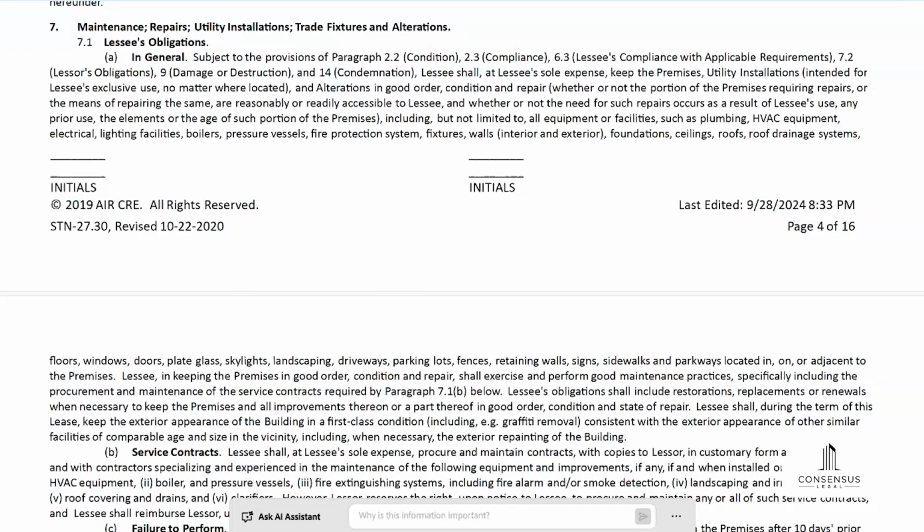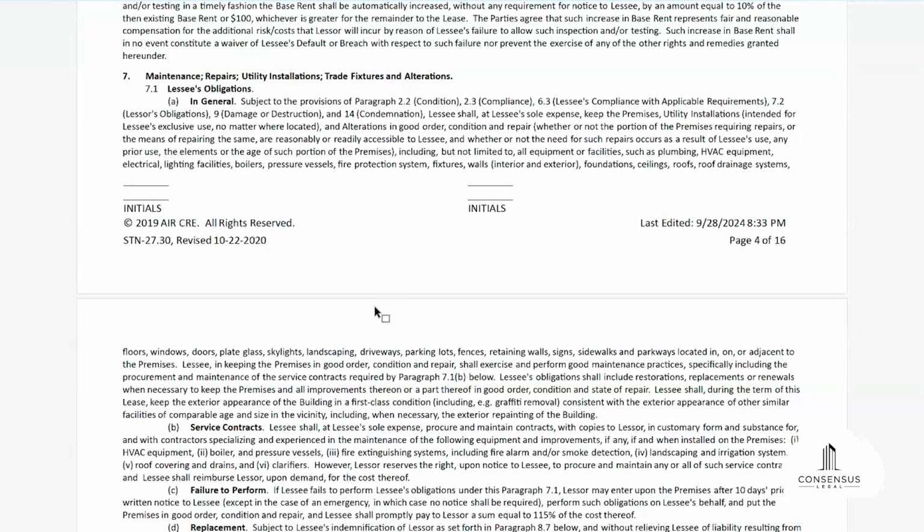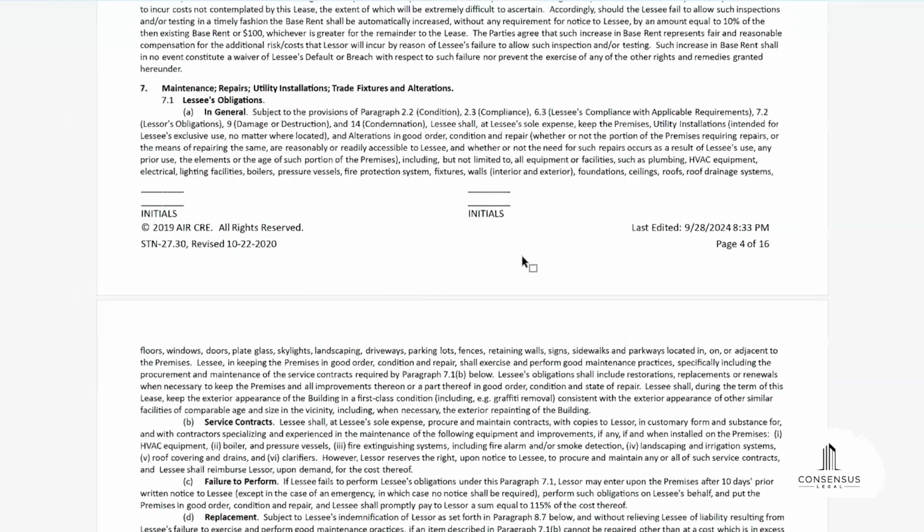Okay, so hopefully you can see it on your screen, the single-tenant net lease, and I have it on paragraph 7. So just to orient ourselves before we discuss these specific provisions, Paragraph 7 in the AIR CRE leases relates to lessees' and lessors' repair and maintenance obligations and some other items.